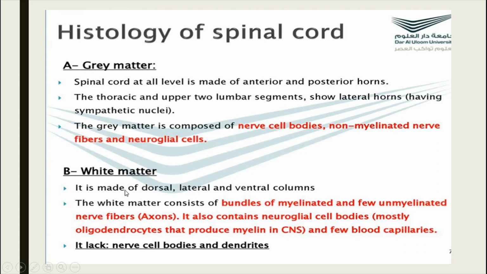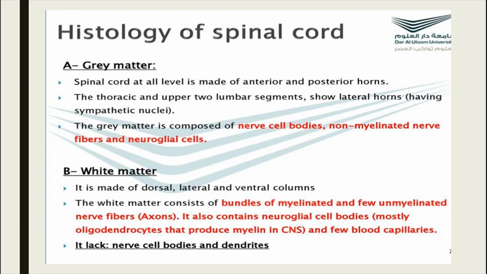And white matter can be seen in the dorsal, lateral and ventral columns, or the anterior, posterior and lateral columns. The white matter contains majorly bundles of myelinated and some unmyelinated fibers. All these are axons only, bundles of myelinated axons and non-myelinated axons. It also contains neuroglial cell bodies of specialized cells named oligodendrocytes.